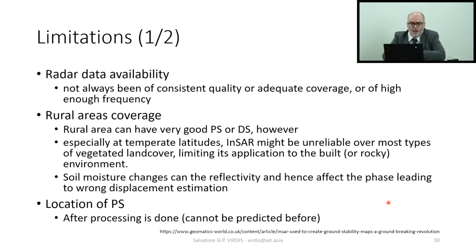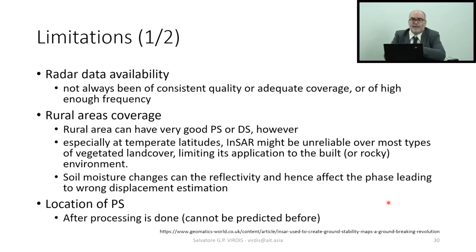Another limitation is that still in rural areas, it's not very easy to have a good density of PS. I remind you that a good density of PS is a prerequisite to have precise and accurate measurements. So in rural areas, we still encounter difficulties.